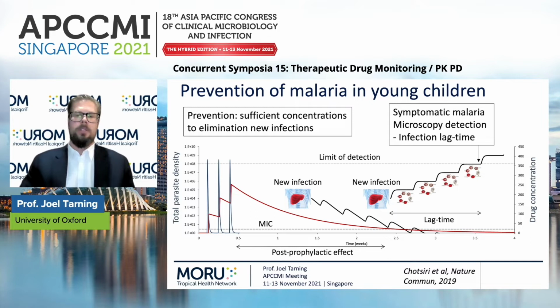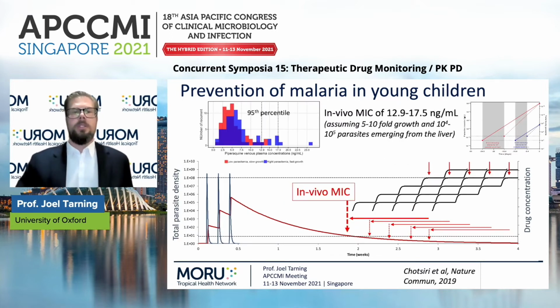But if a new infection occurs later on, the drug concentrations will not be sufficient to eliminate these parasites, and they will grow and multiply every 48 hours until you reach a symptomatic malaria. And here is, of course, an infection lag time from when the infection started in the bloodstream until it was detected by microscopy due to the microscopy detection limit and the growth of parasites.